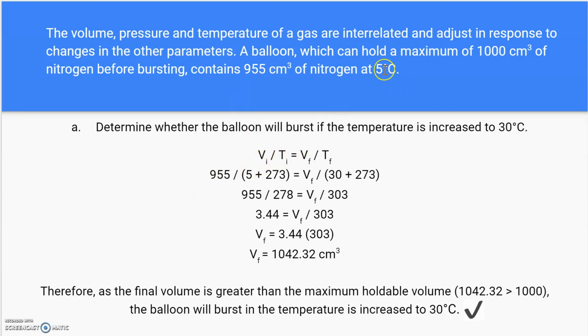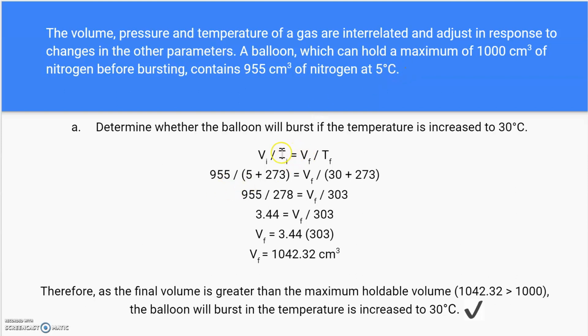Now, our initial temperature is 5 degrees Celsius. This temperature must be transformed into the standardized temperature unit for gases, which is degrees Kelvin. So in order to do that, we add 273 to that 5 degrees that is given to us.